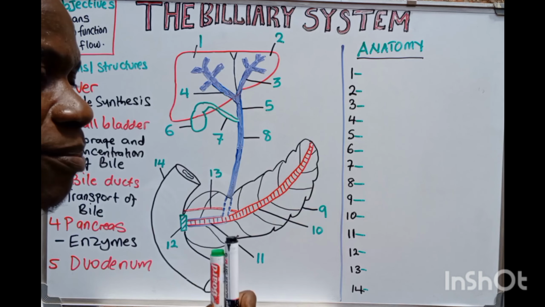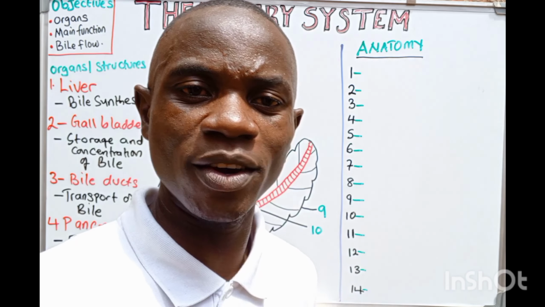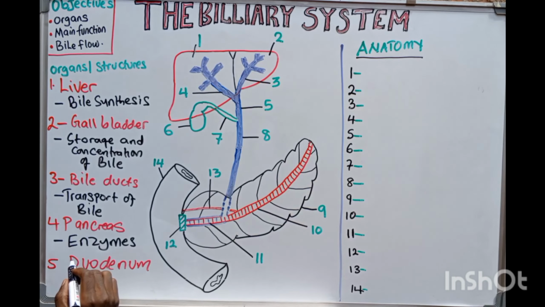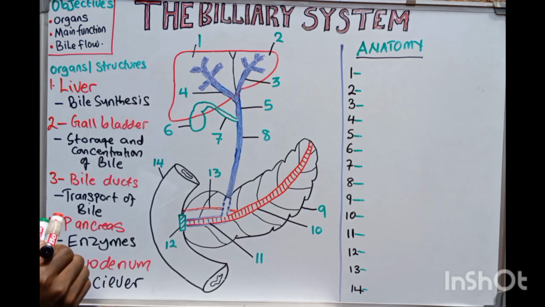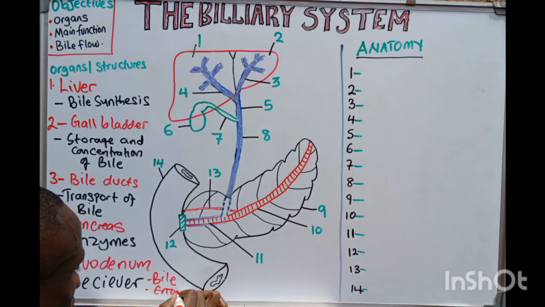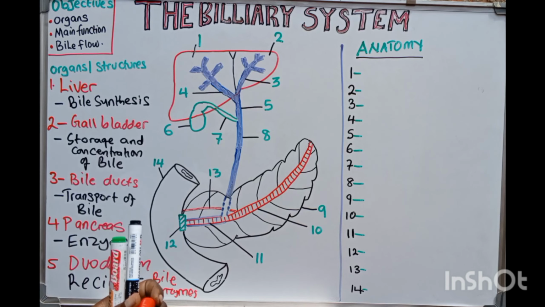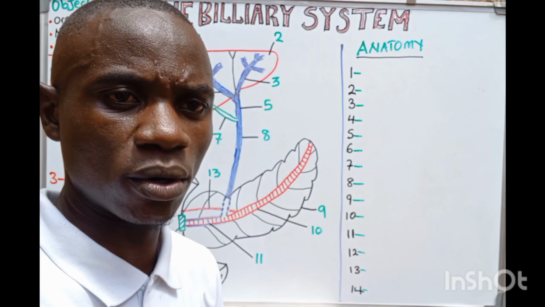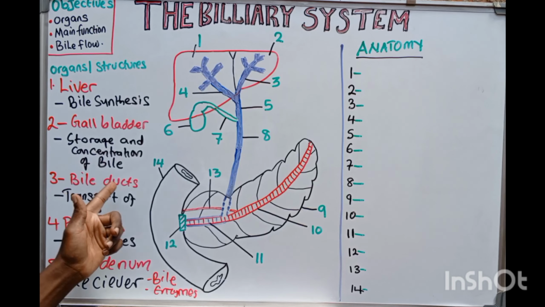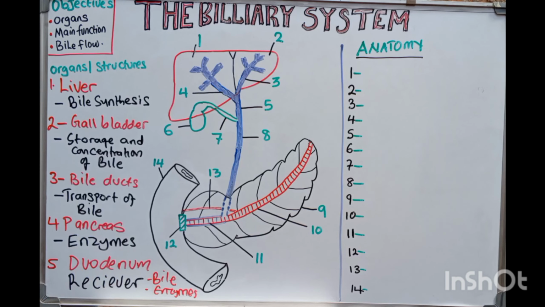The duodenum receives the bile and also the enzymes, so it is a receiver of bile and pancreatic digestive enzymes. These are the five structures that make up the biliary system: the liver, the gallbladder, the bile ducts, the pancreas, and the duodenum.